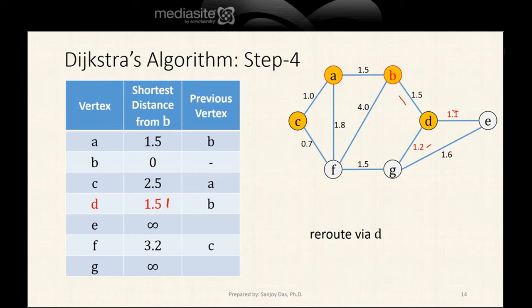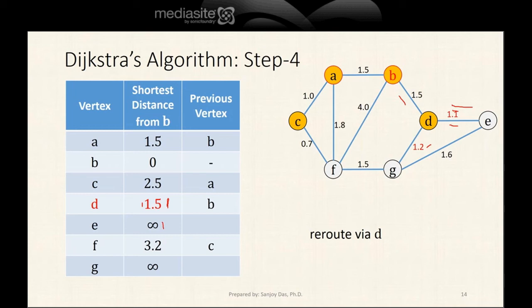Now, what do I have? From D to E is 1.1. So far, I found a distance of infinity, but if I reroute my existing distance of infinity through D, then it's 1.5 plus 1.1. 1.5 plus 1.1 is 2.6.